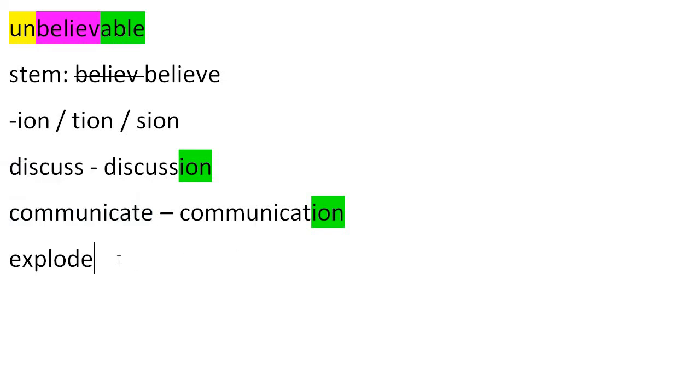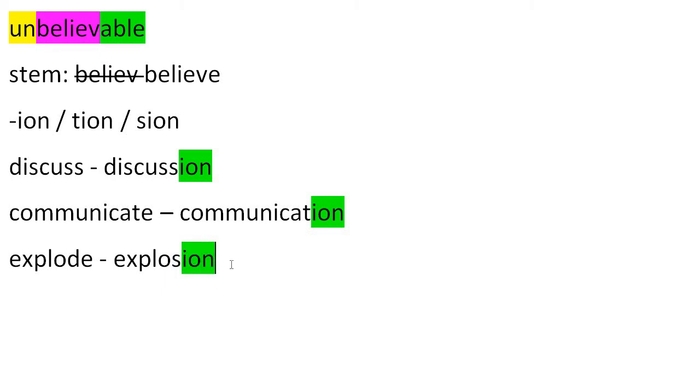It can even get more complicated if you look at something like explode, where if I add the ion, it becomes explosion. So not only does the E fall away, but the DE falls away, and we have your suffix added on there.